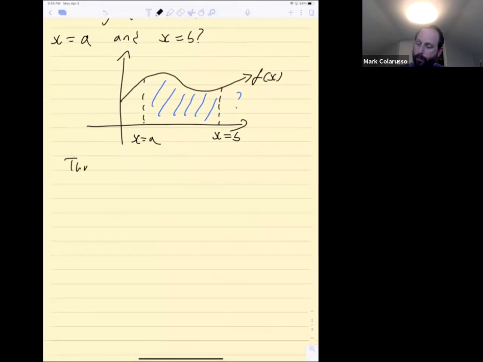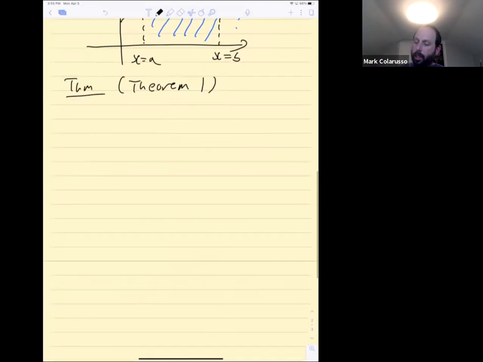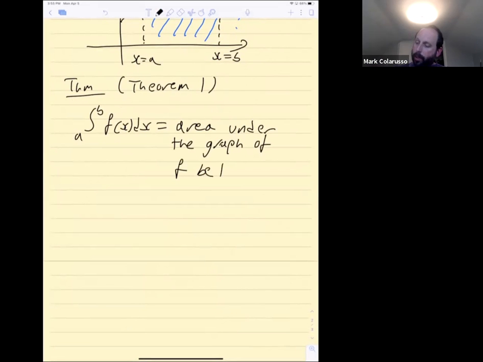Okay, so here's the result. Here's the theorem, and I think the book calls this theorem 1. So in the homework, if there are oblique references to theorem 1, this is what they're talking about. The definite integral from a to b of f of x dx is the area under the graph of f between x equals a and x equals b.